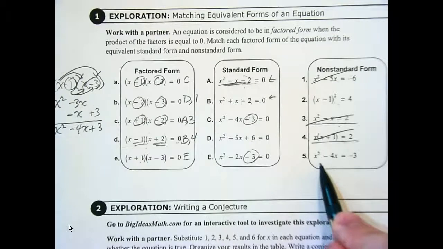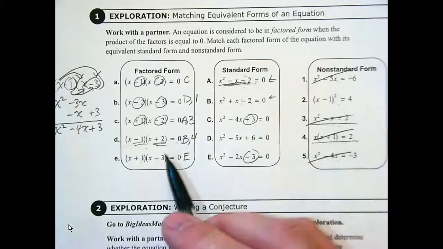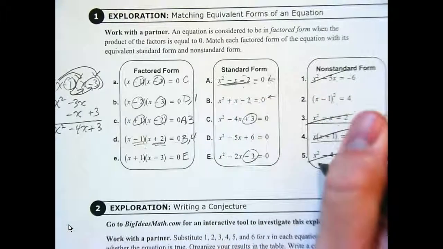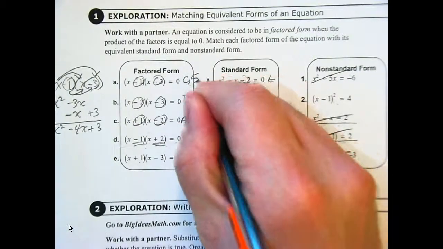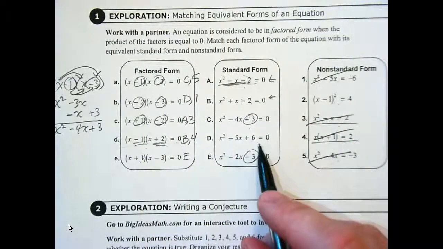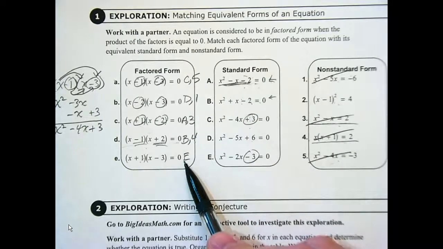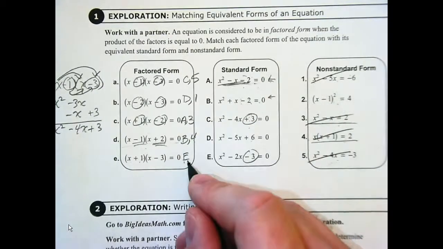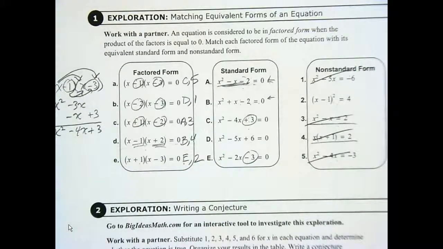How about this one? 5 goes with... I think this one goes here. Yeah? Okay. Where does this one go? Yeah, it has to go with that one there. All right. Okay.